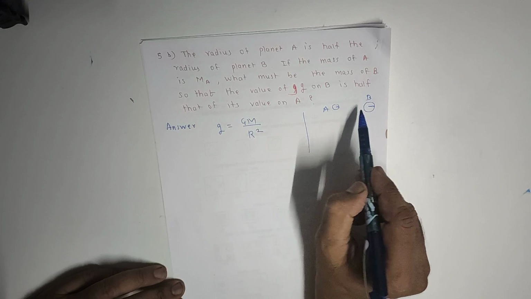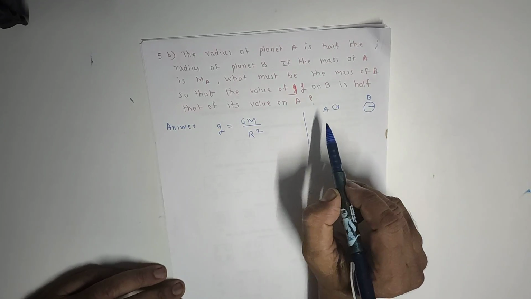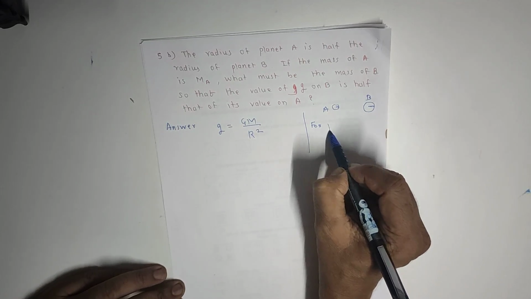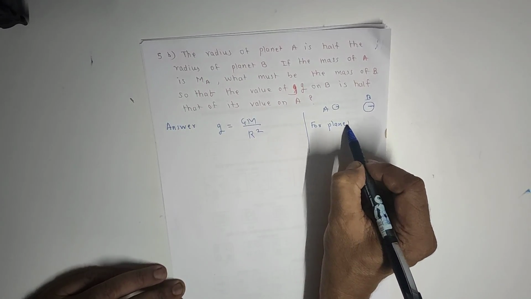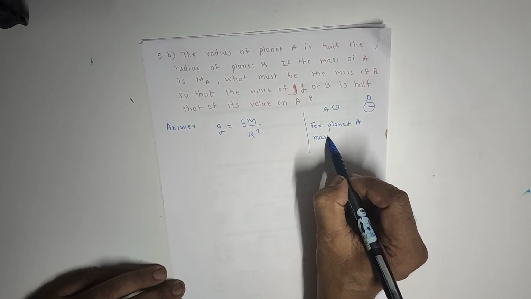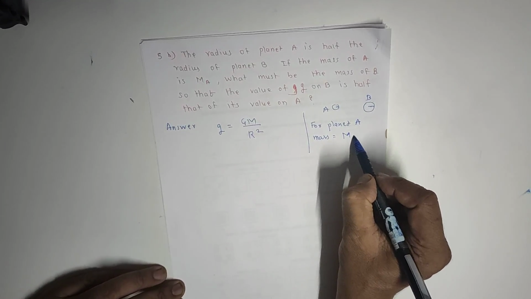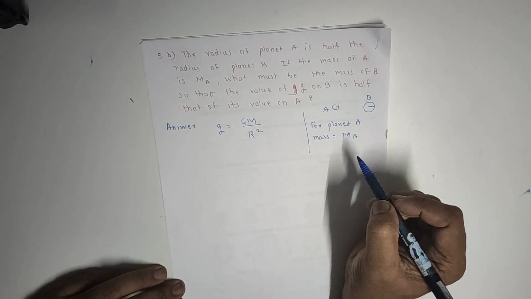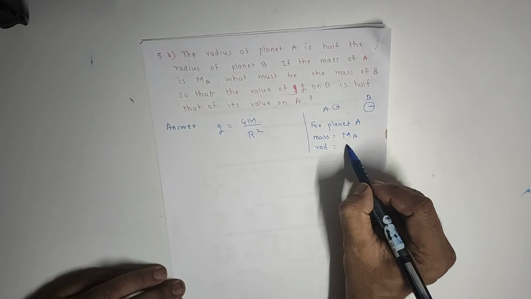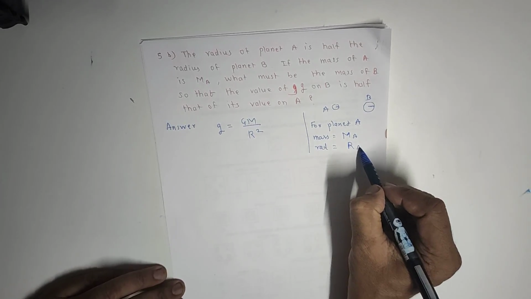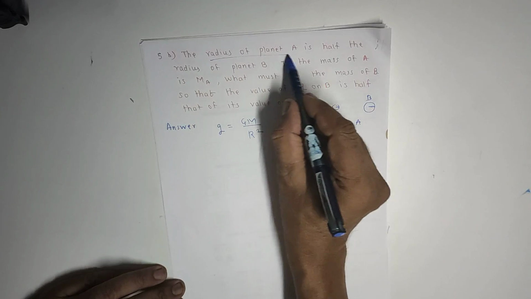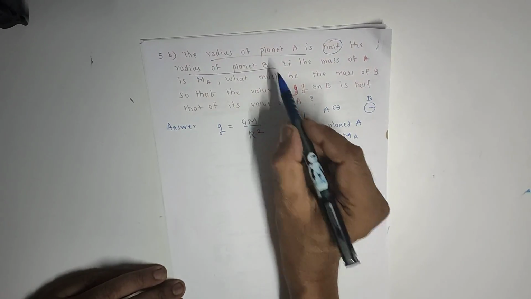Radius of A is half the radius of planet B. Suppose for planet A, say mass is say MA. This is our symbol. Radius is say capital RA. Then the radius is half the radius of B.